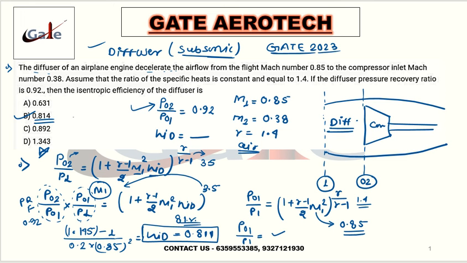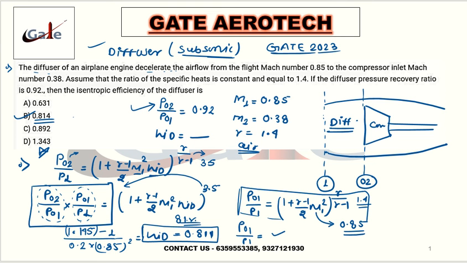In giving this question, my intent was that they can ask in this way also. Using that, you have to use this equation also, and you can solve for this. This is sometimes known as the cascade process.